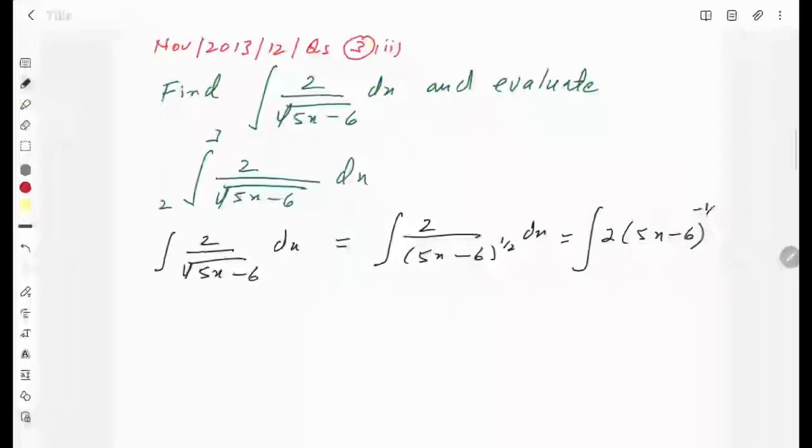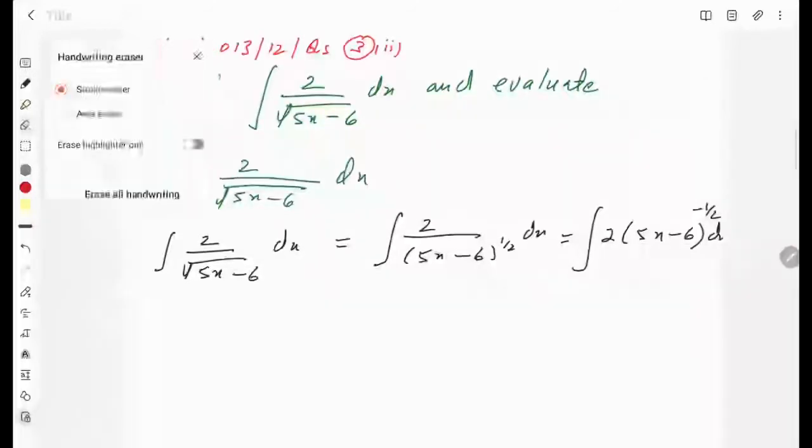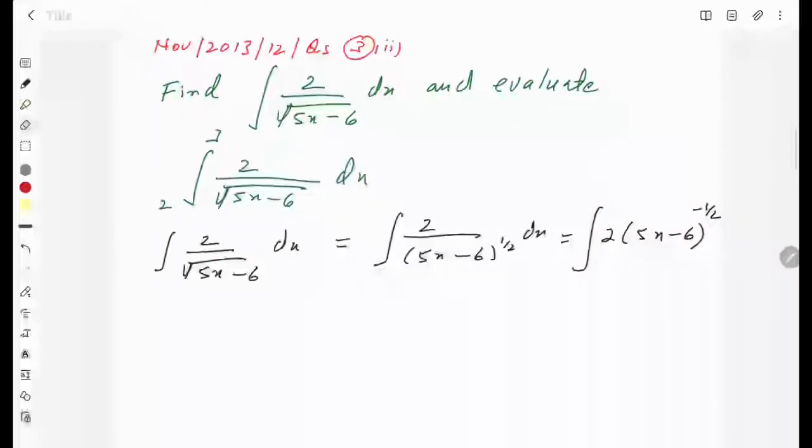This will become minus half. You can take 2 out of the integral sign.